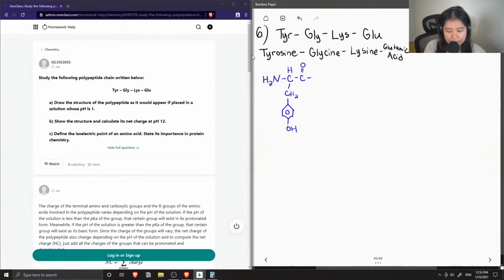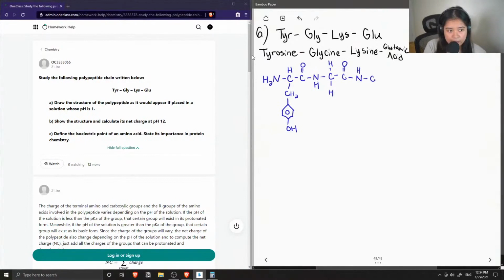And then I'll start to draw the next amino acid, which is glycine. So here is glycine's amino group. Glycine is one of the simpler amino acids, so its R group is only a hydrogen. And then this is its carboxyl functionality. And now we'll start to draw lysine. So this is the amino group on lysine.